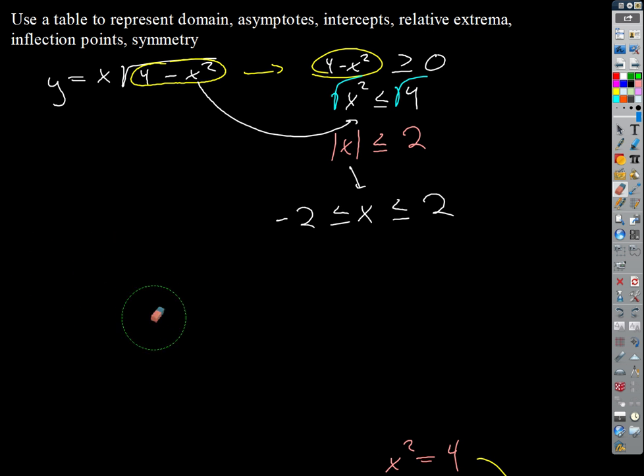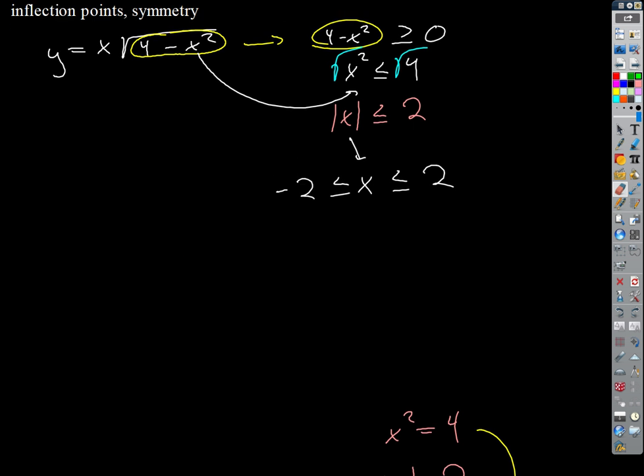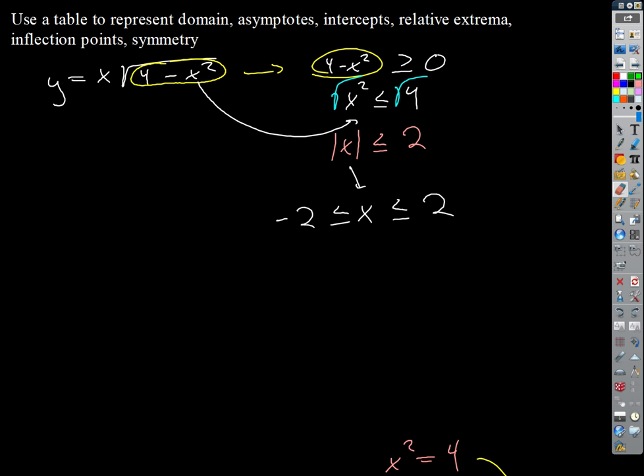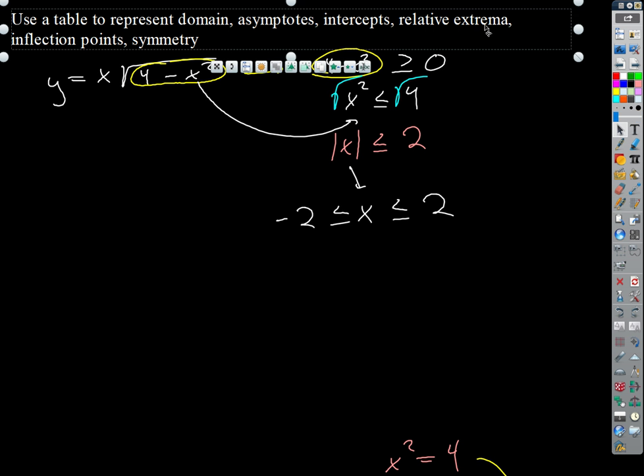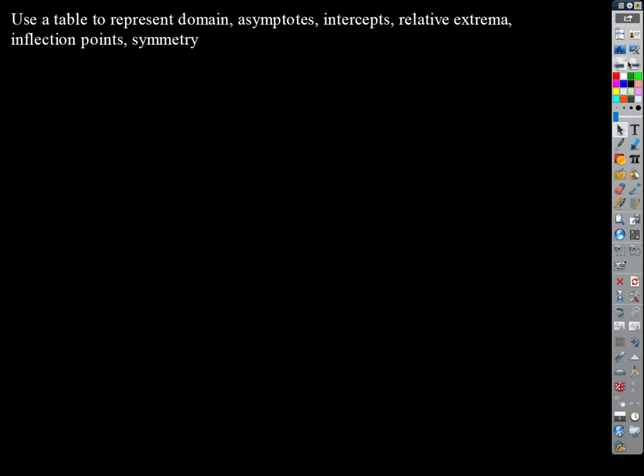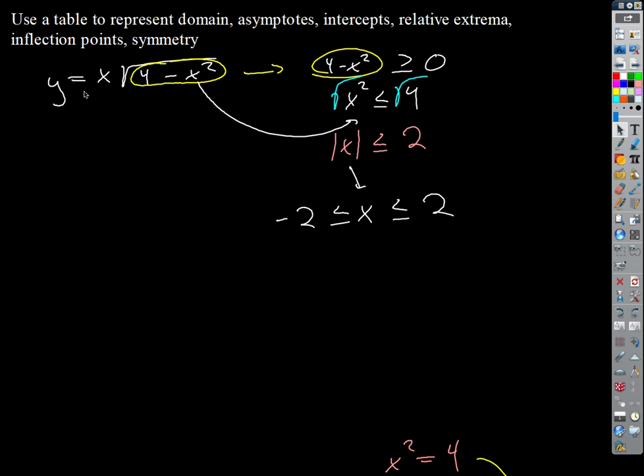So we got our domain, right? Okay? So we can start to make our table then. I'm going to go to the next page just so we can make this really clean. The previous page was all about how to find the domain.